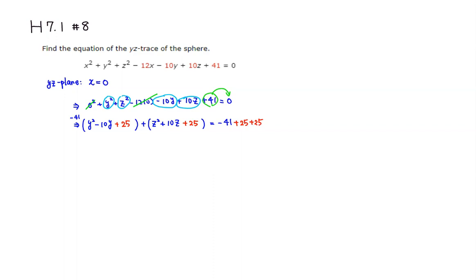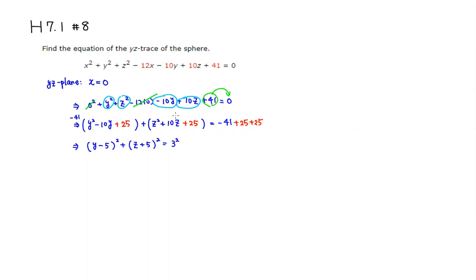Then I think we are almost there. These three terms are the same thing as y minus 5 quantity squared, and here you have z plus 5 squared. This is equal to negative 41 plus 50, which is 9, and 9 is 3 squared.